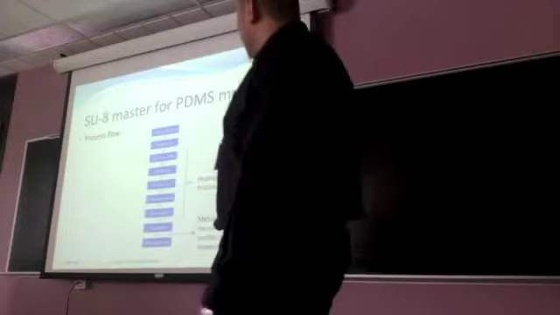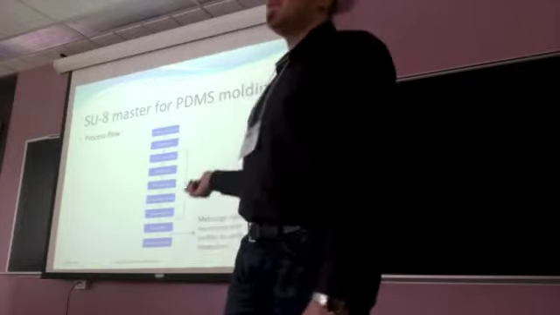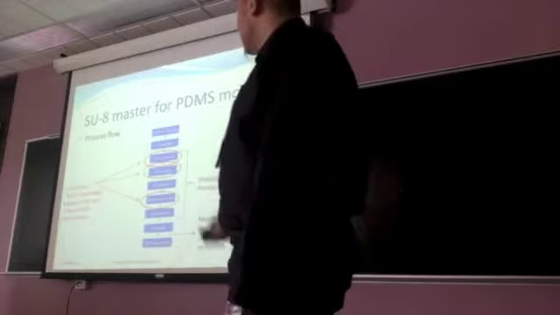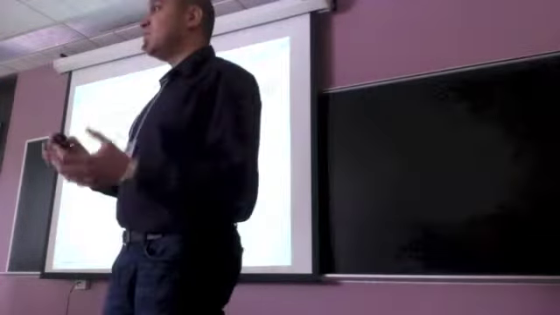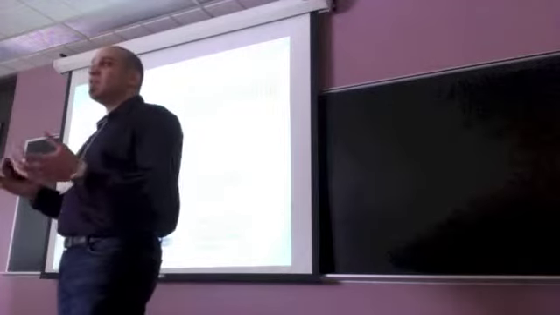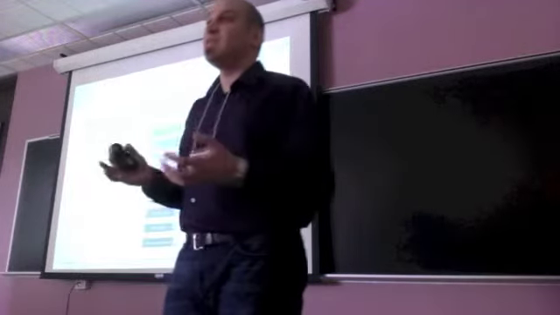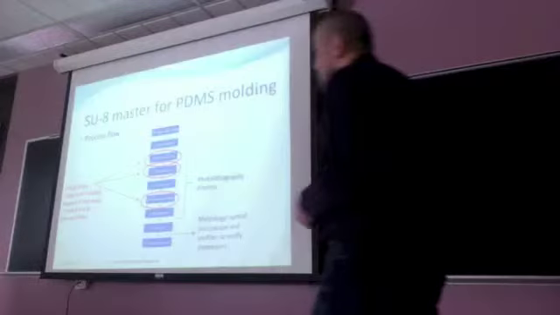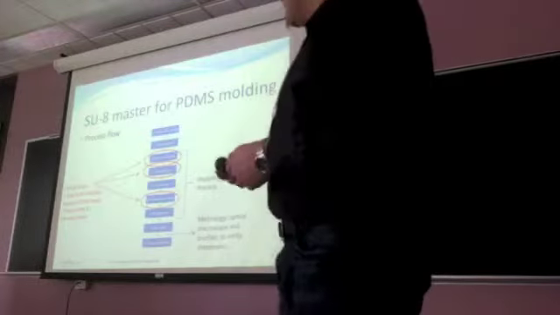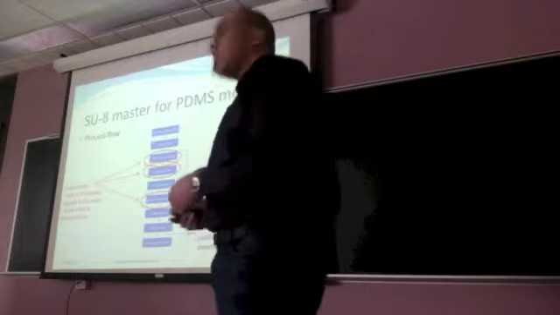There are 3 critical steps in this process flow. Step 3, spin coating. SU8 is very viscous, and air bubbles can be trapped inside the layer and make defects on the SU8 master. Steps 4 and 6 are very critical because of thermal stress.